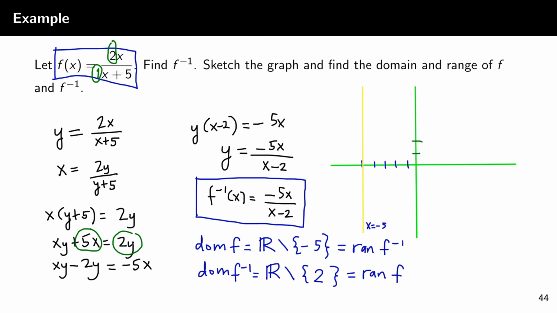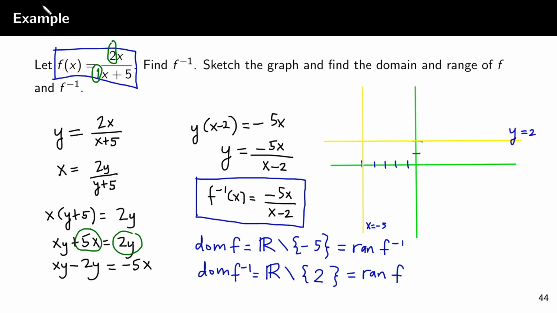So, let me draw the horizontal asymptote. Let me label this as y. Let me use blue. Okay. Y equals 2. Ayan. We're going to use the asymptotes as guides in sketching the graph of this function. Okay. Kailangan lang natin mag-plot ng a few points.